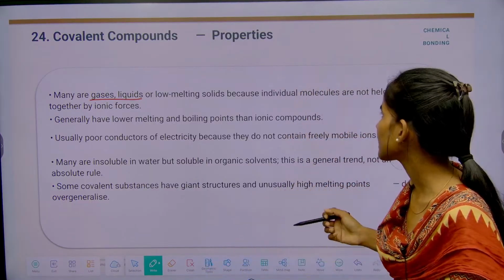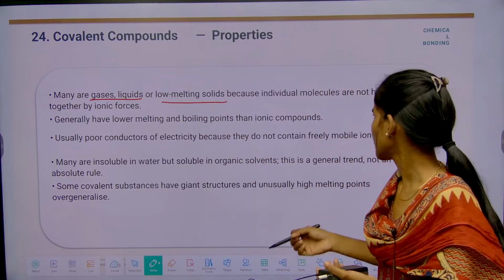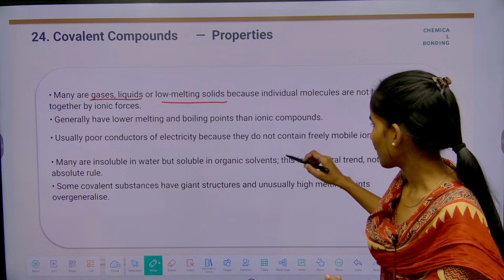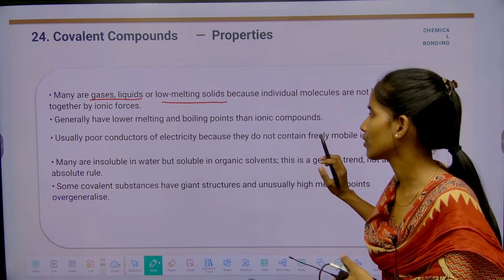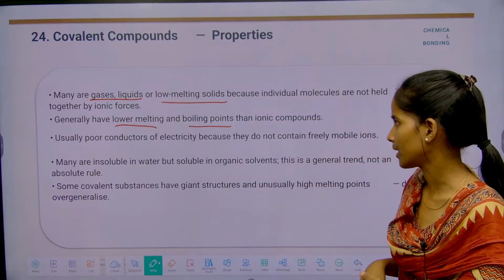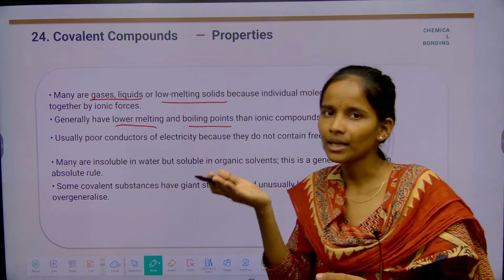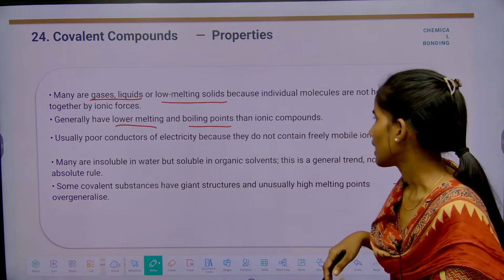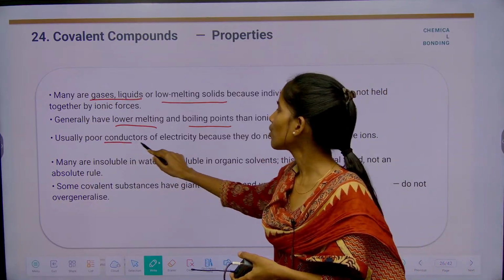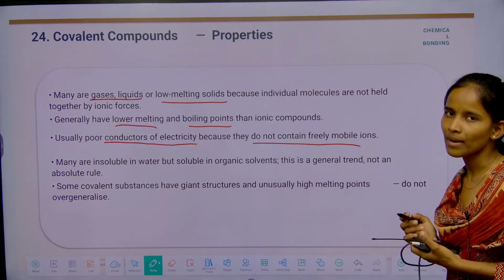They have low melting points and low boiling points, not like ionic compounds, because these are not ionic forces. Ionic compounds have high melting and boiling points. Now, these are generally poor conductors of electricity because they do not contain freely mobile ions.